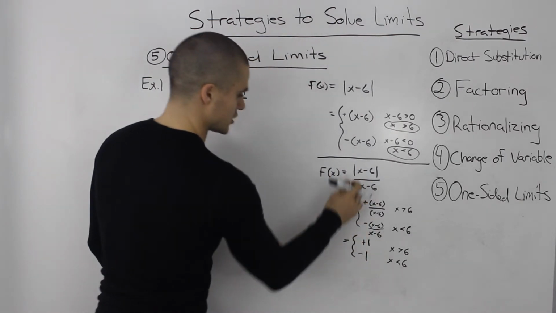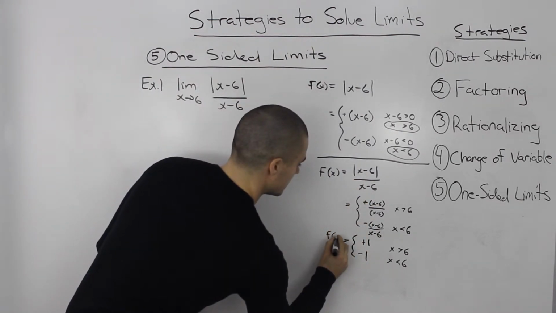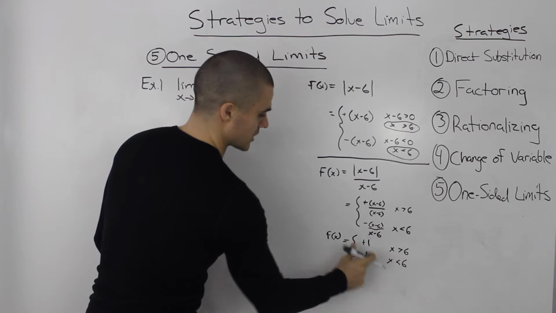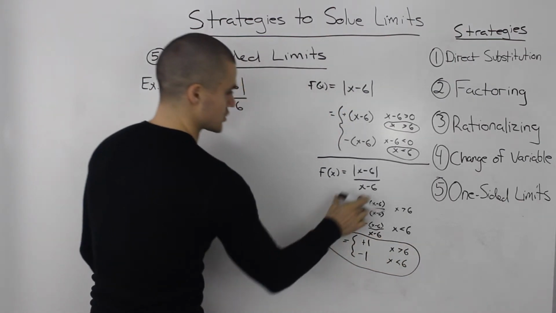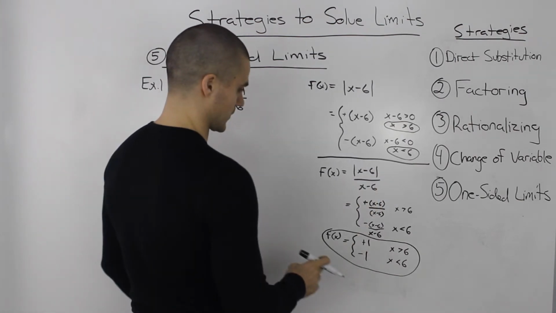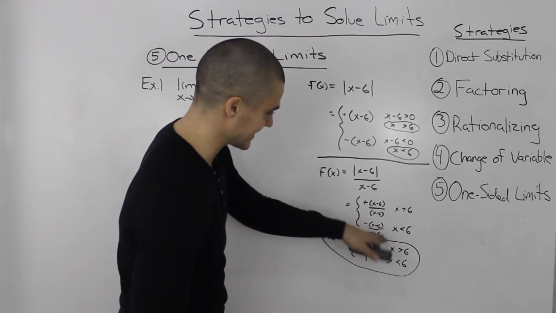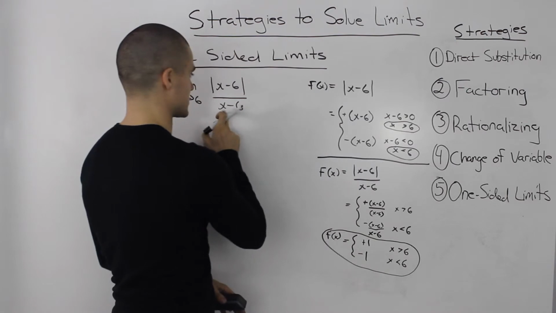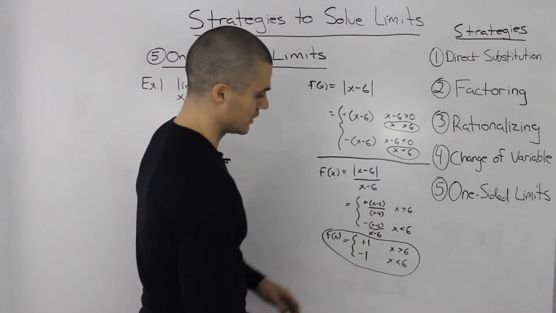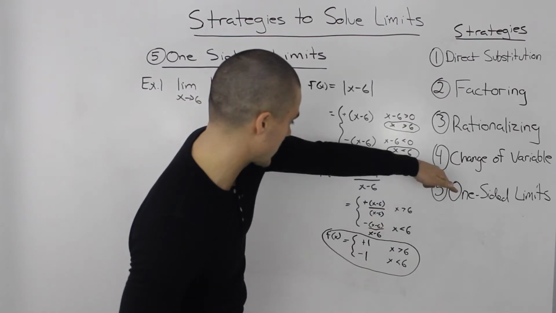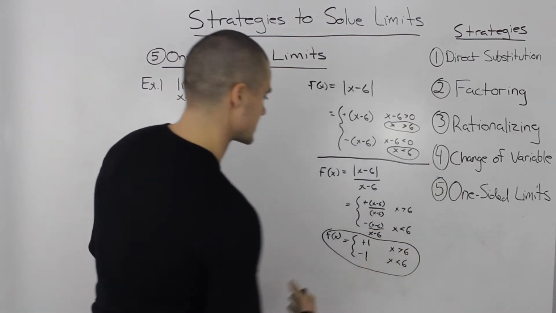So we took this function and transformed it to a piecewise function, then we simplified it. Now we have this piecewise function, which is equivalent to this, right? Notice how at 6 it's not defined, because if we plug in 6 into the function, we'll have a denominator of 0. So it's only defined for when x is greater than 6 and when x is less than 6.